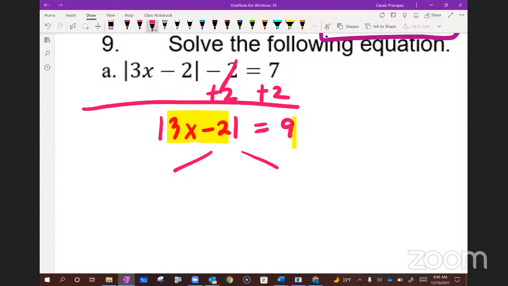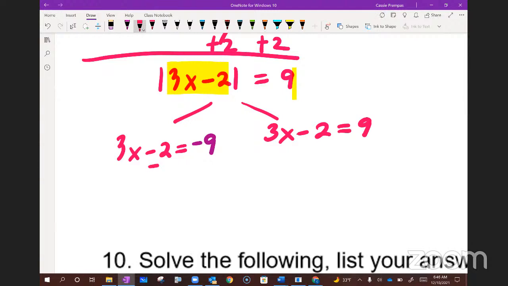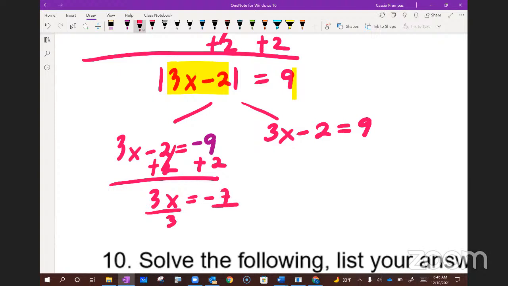So to solve, we actually have to have 2 equations. 3x minus 2 equals 9, and 3x minus 2 is equal to -9. And then I'll solve for both. So I have to add 2, giving me 3x is equal to -7, divide by 3, and I see that x has to equal -7/3.